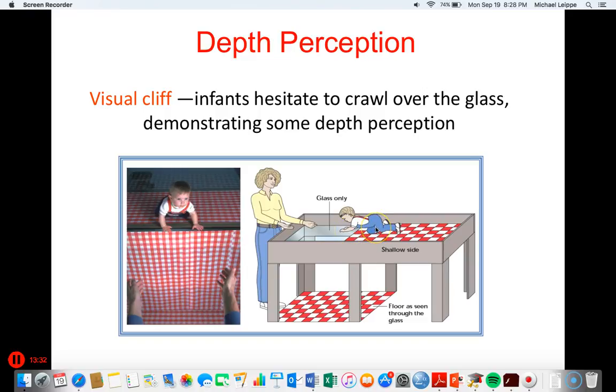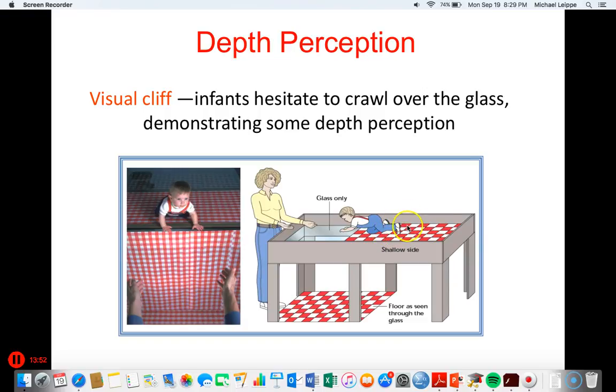So that suggests that some depth perception might be, if not built in, that it develops very, very early, this depth perception.